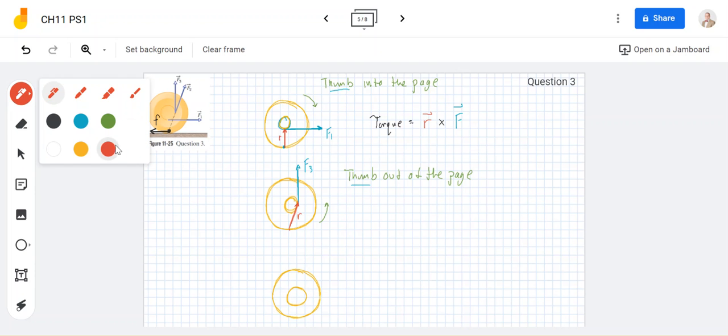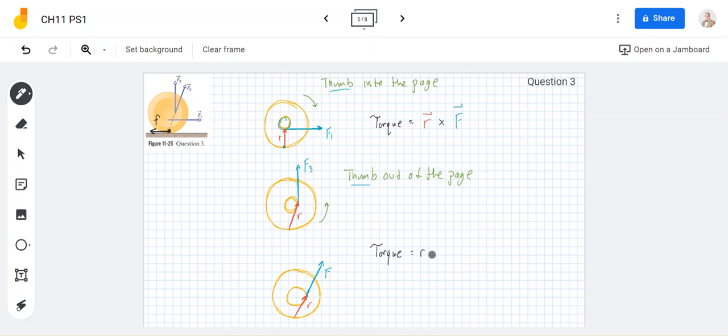Well, in the last one, you're pulling, but what do you notice about it? Here's your R vector, here's your F vector, and you're going to notice they're in the same direction. One of the consequences of R cross F is that you need R and F that are perpendicular to one another.